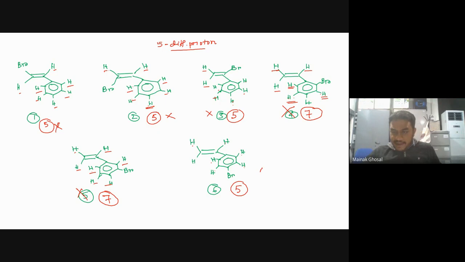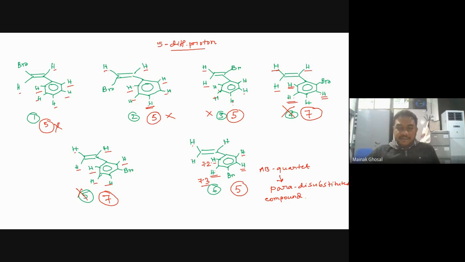Since you are getting an AB quartet kind of structure, which gives you the information that there is a para disubstituted compound, as I told you in the first assignment, most probably this is the structure. This corresponds to the one ortho to bromine, so this will be 7.3, and 7.2 should be this one.